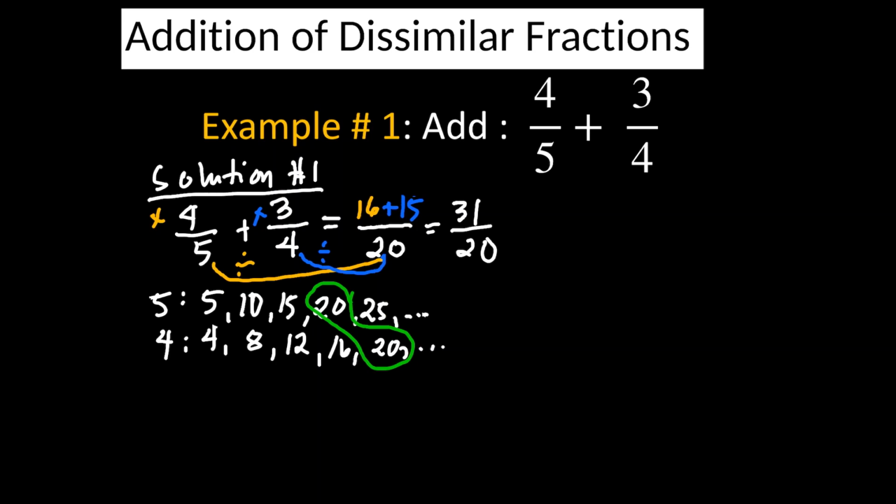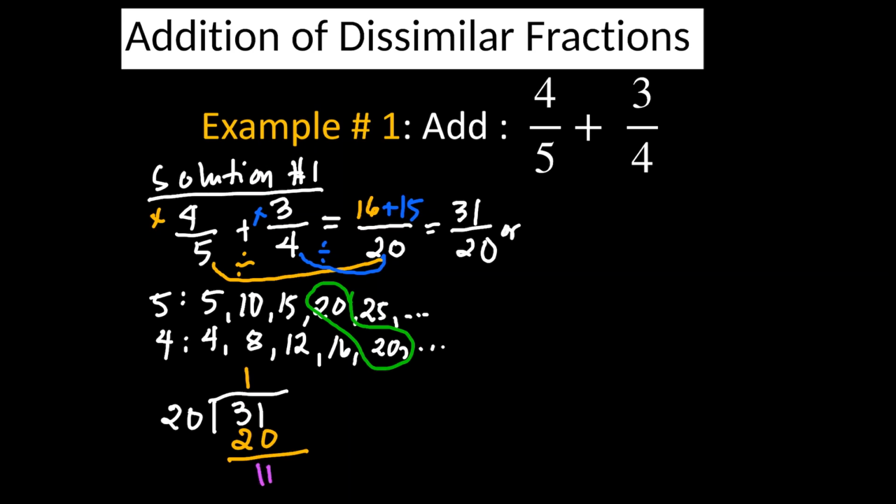Okay, but we need to express this in simplest form. So 31 divided by 20. How many 20s do we have in 31? Obviously there's just one. So 31 minus 20 will give you 11. Let's change the color. We have 11.